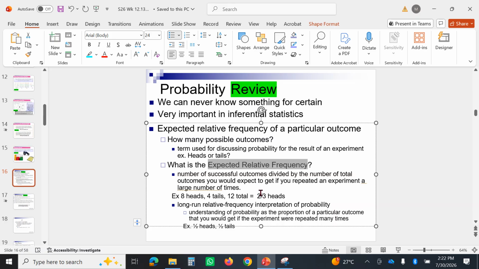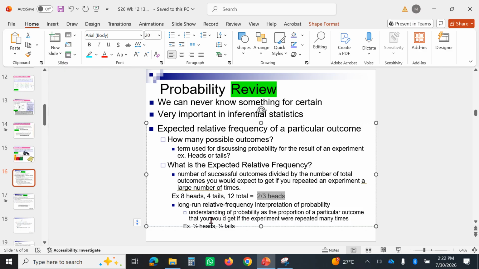It's the number of successful outcomes divided by the number of total outcomes you would expect to get if you repeated an experiment a large number of times. Example: 8 heads, 4 tails, 12 total. So 2/3, 8 out of 12, were heads, and 4 out of 12, 1/3, were tails.